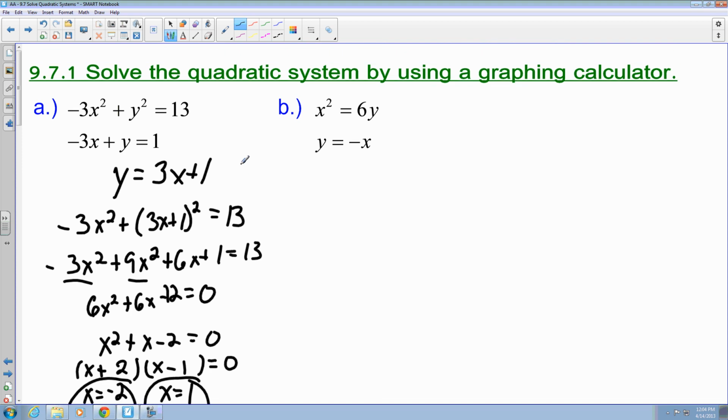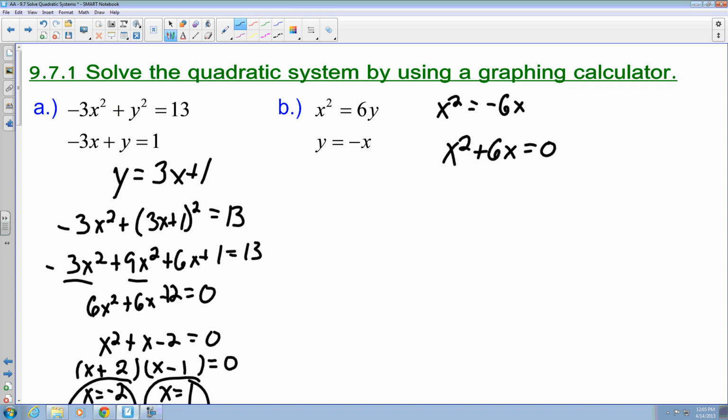And for B, it looks like I have a parabola and a line. Again, I'm going to substitute. So I'm going to have x squared equals negative 6x, which I can set equal to 0, so it's x squared plus 6x equals 0.